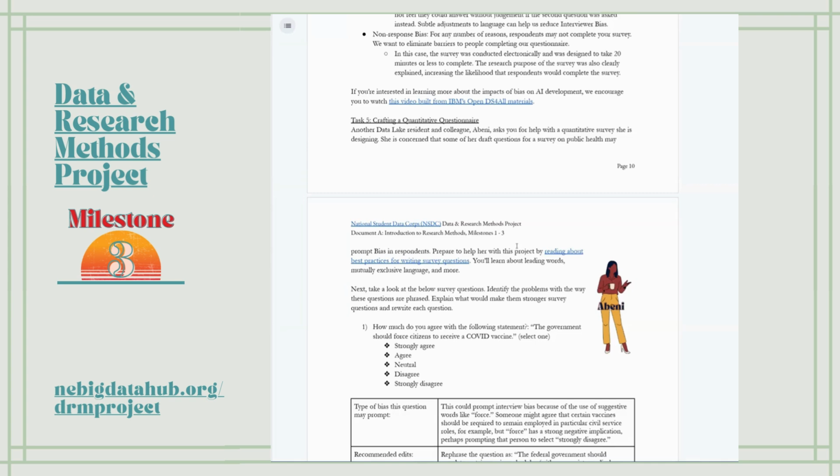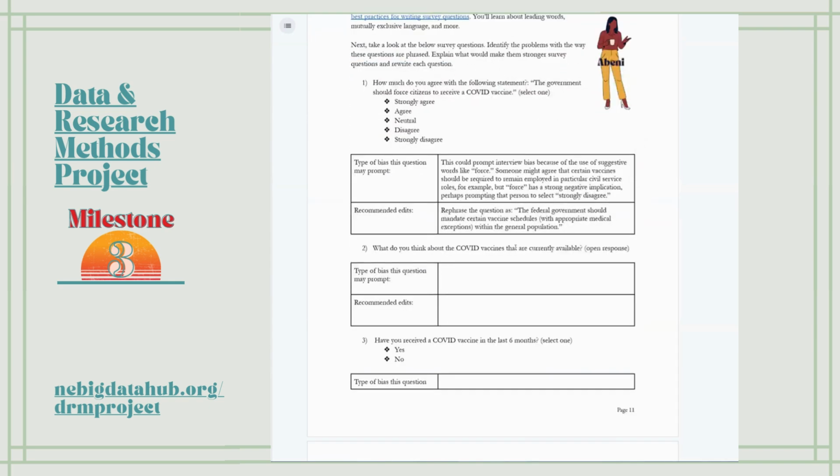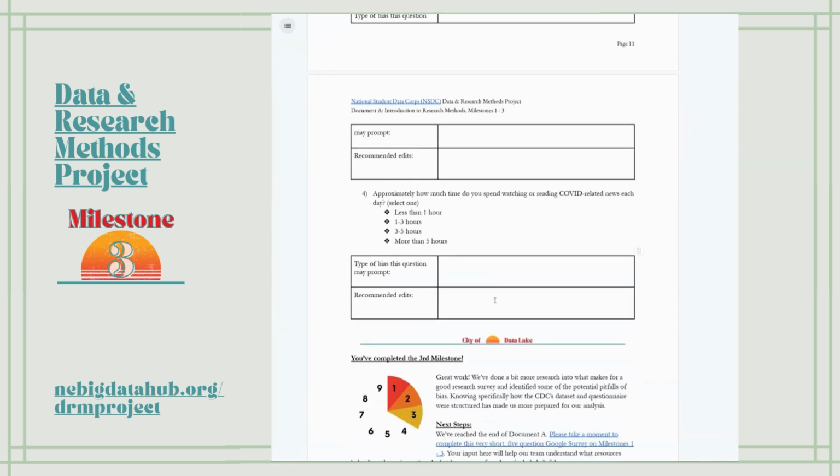And in that link, you're going to learn about leading words, having mutually exclusive language, things like that. When you're done, take a look at the below survey questions. Identify problems with the way these questions are phrased. And then within the boxes below, explain what you think would make them stronger questions. You can rewrite the question if you like. I've done the first example for you, and you can use that as a guide for the remaining questions below.